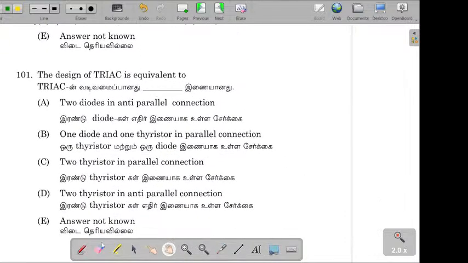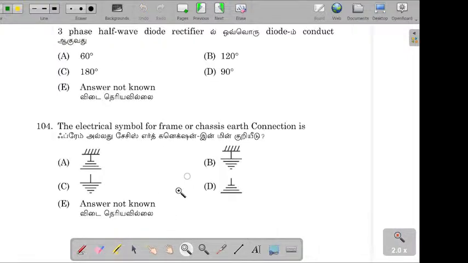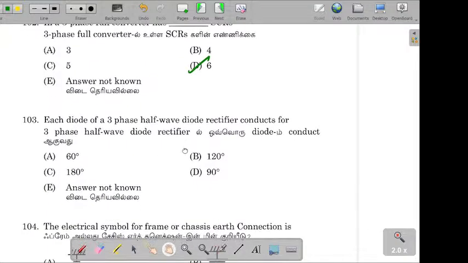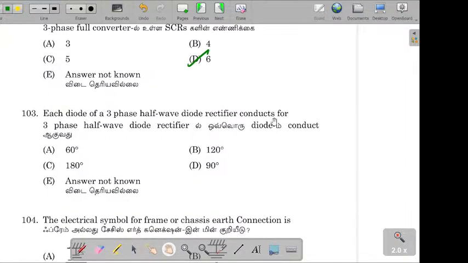The design of triac is equivalent to 2 thyristors in anti-parallel connection. A 3-phase full converter has dash SCR, 6 SCRs. Each diode of a 3-phase half-wave rectifier conducts for 120 degree.